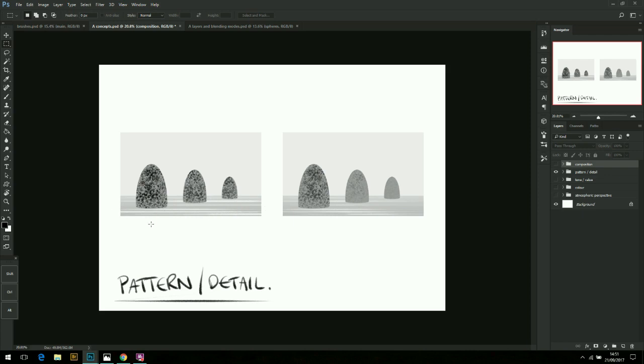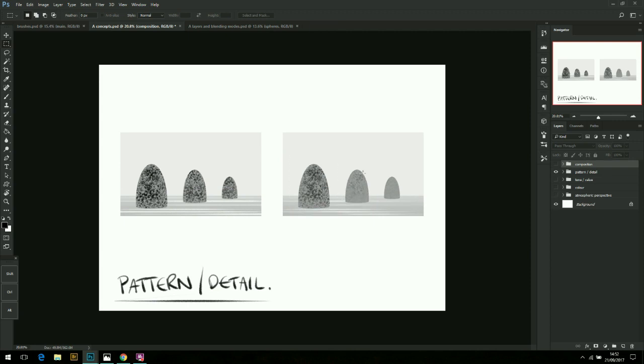So when I'm designing, I like to think in terms of limiting my detail and my pattern to a focal point. For example, on the right here, if I want this rock to be my focal point, I'm going to make sure the detail at this point here outweighs the detail, say, over here, because basically the viewer is going to look at this point.